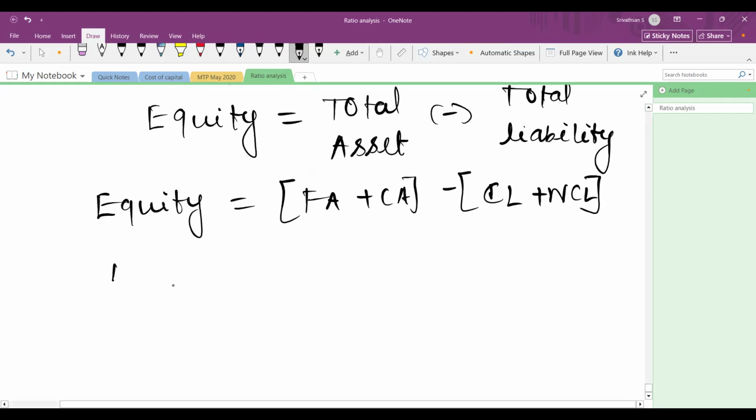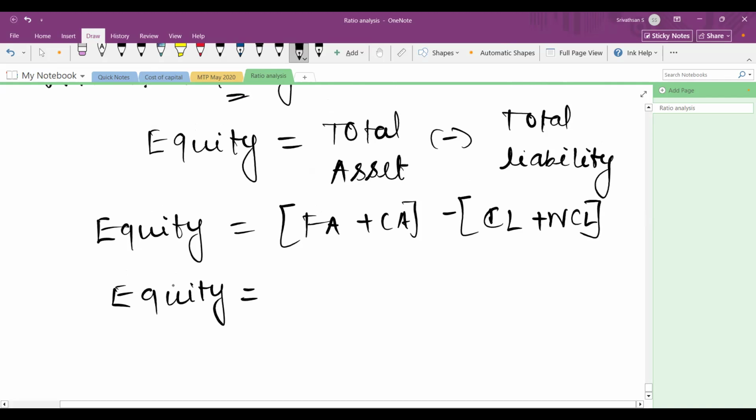So what is the amount of equity? How much? Total asset minus total debt.